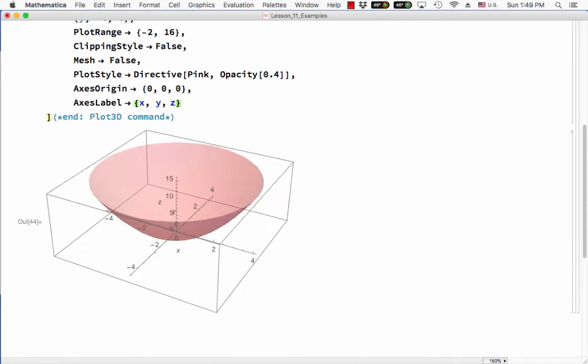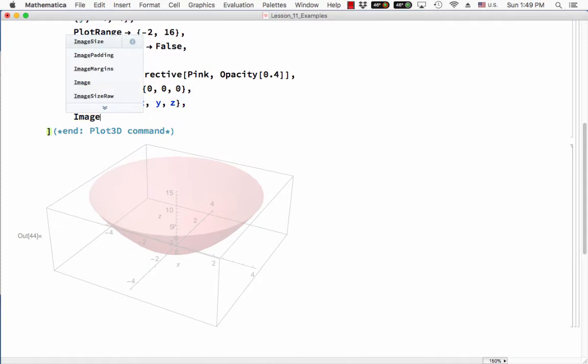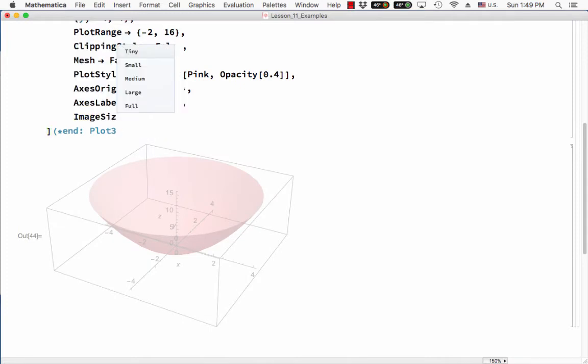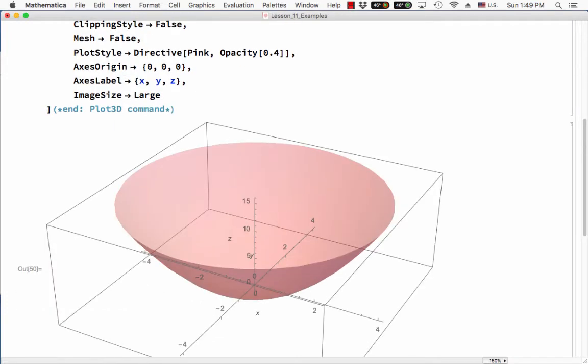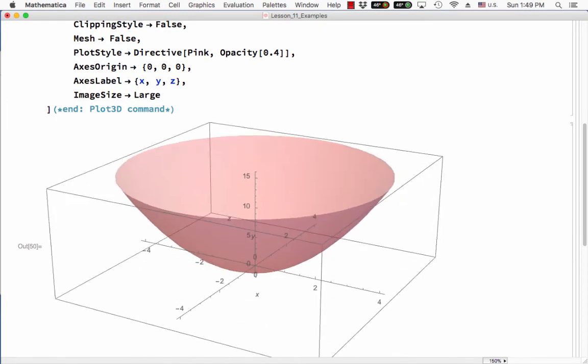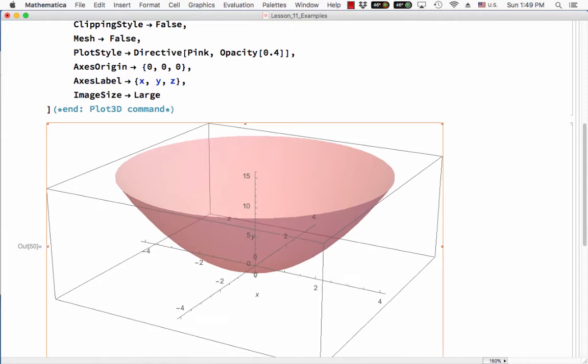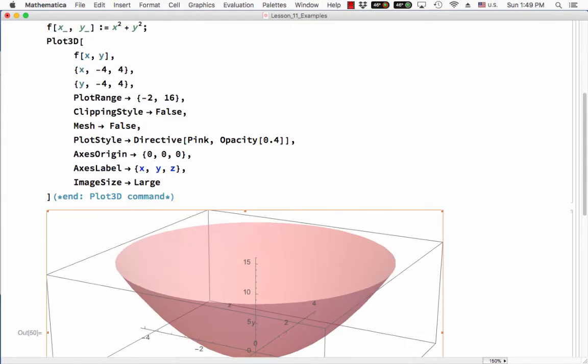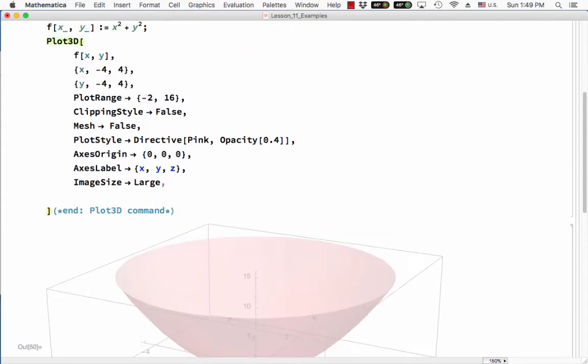I like when this thing's a little larger, so maybe I do image size, and let's go large. So that gets a little bit larger. Do we see that the tick marks are determined by Mathematica? Maybe I want to force Mathematica to do specific ticks rather than just general ticks. So here I can do ticks, and perhaps we call them X tick, Y tick, and Z tick.